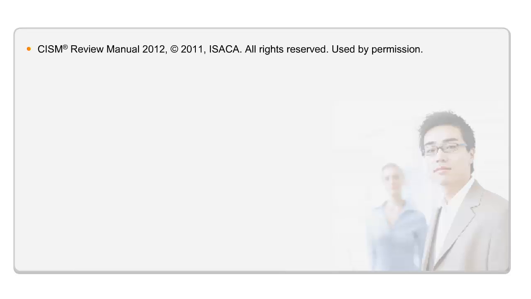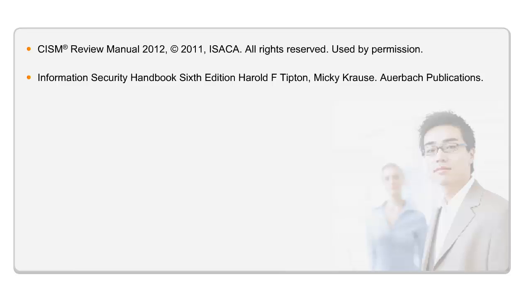Other reference materials for guidance for the CISM exam are the CISM Review Manual 2012, copyrighted 2011, ISACA, all rights reserved, used by permission. Information Security Handbook, 6th edition, Harold F. Tipton, Micki Krause, Auerbach Publications.